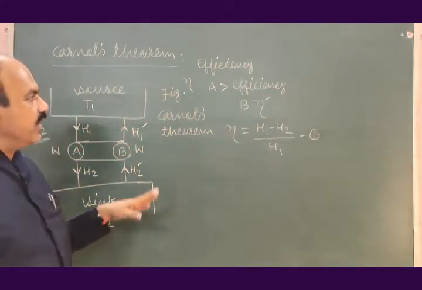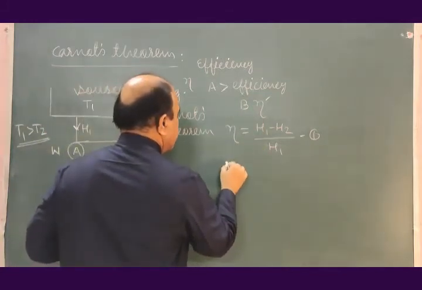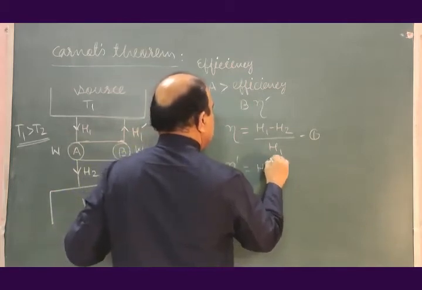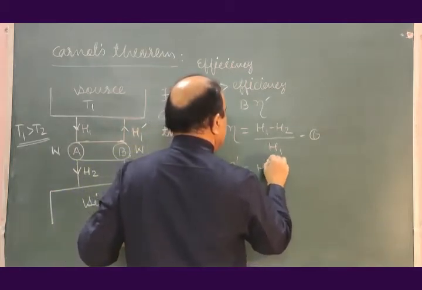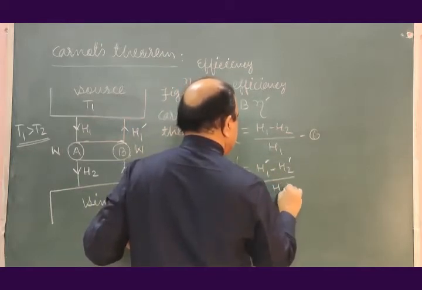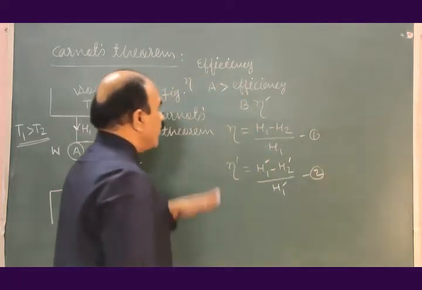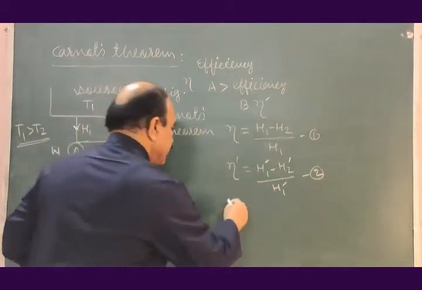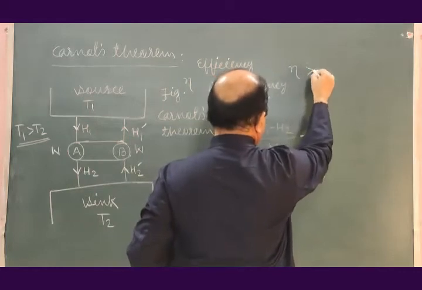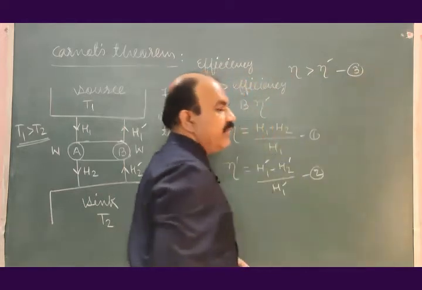Efficiency of engine A. Then efficiency of engine B will be H1 dash minus H2 dash divided by H1 dash, equation number 2. What is our statement? Our statement is eta greater than eta dash, equation number 3.